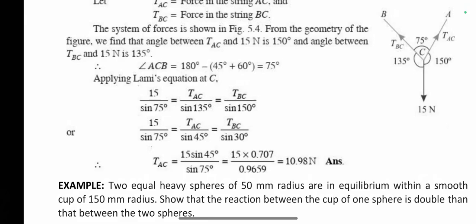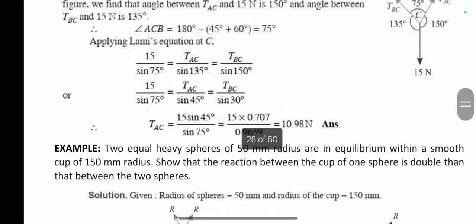Converting, sine 135 degrees is sine of 90 plus 45 degrees, and sine of 90 plus theta is cos theta. Here also, sine 150 degrees we write as sine of 180 minus 30 degrees, which is sine 30 degrees. So we need sine 75 degrees, sine 45 degrees and sine 30 degrees.